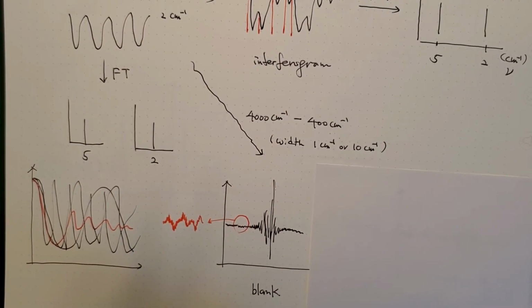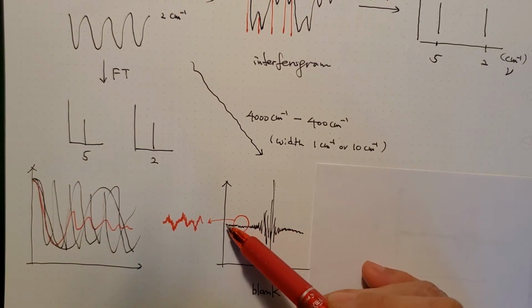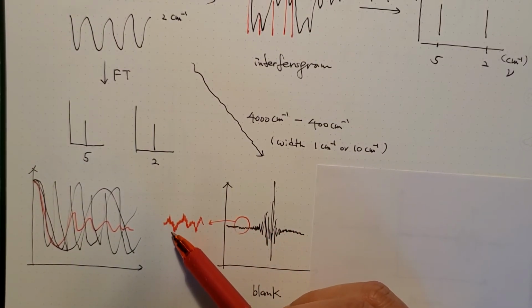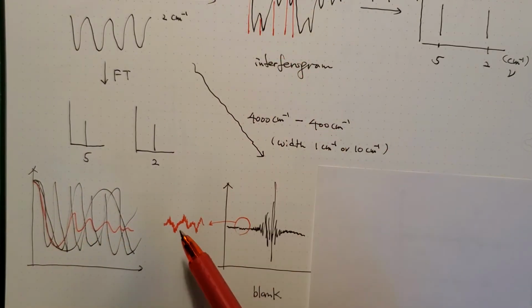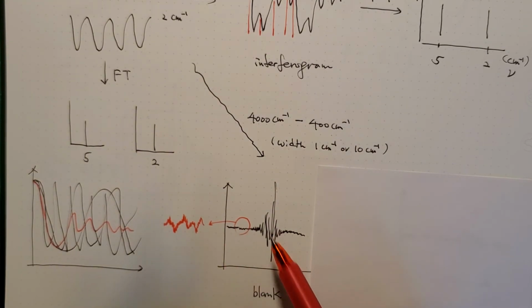So when we run instrumentation, we always run blank first. If you zoom in this area, you still see many different waves, just like this or that, but more complicated because you have so many waves mixed up.